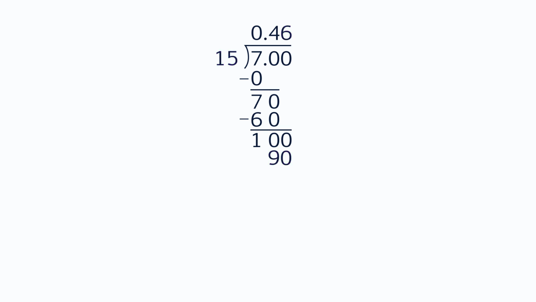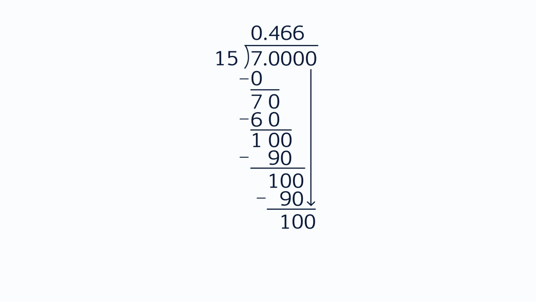Write that under the 100. Subtract 90 from 100 and you get 10. For as long as the remainder does not equal 0, you can continue this process by appending zeros to pull down. And again, you end up with 100 divided by 15. It turns out that you will keep getting 100 down below endlessly.